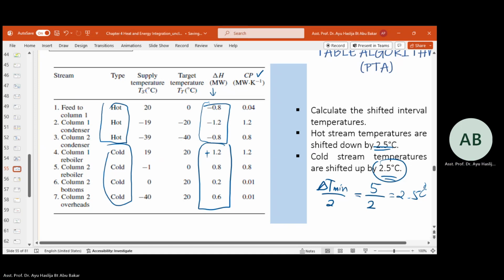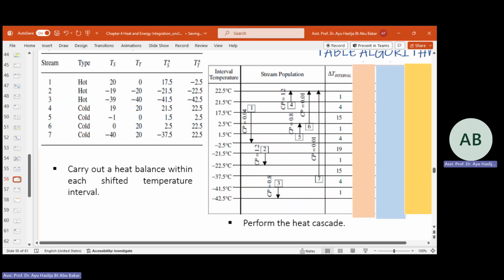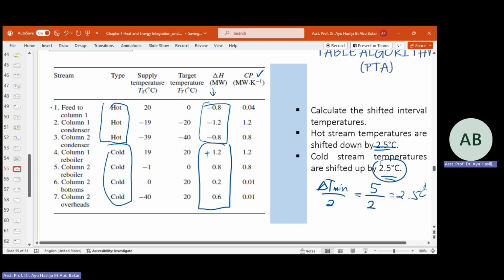Then set your shifted temperature. Before you come out with this, you should list down all the streams first. The 7 streams: list them out and categorize into hot and cold. Easier to see later on.